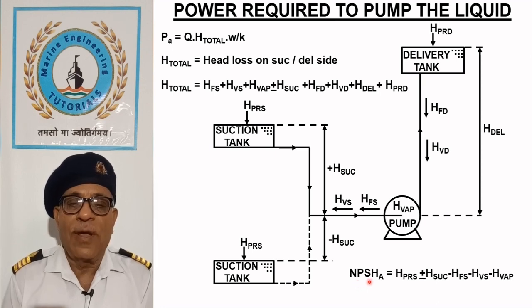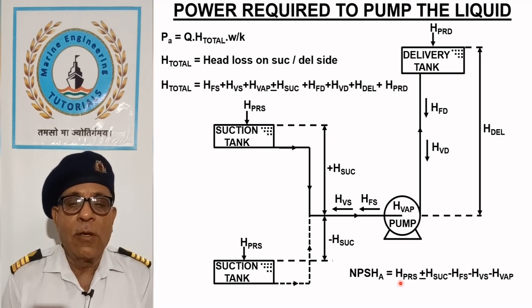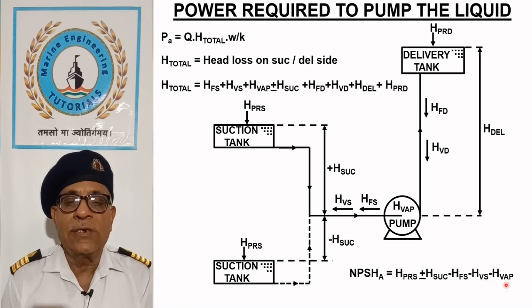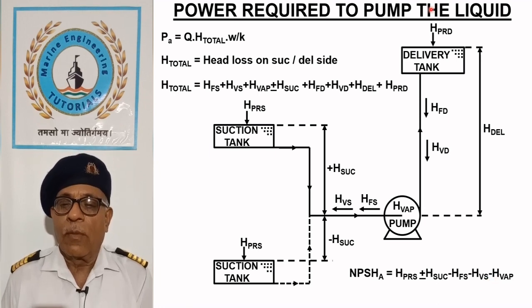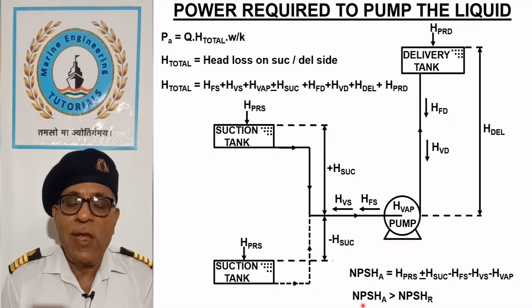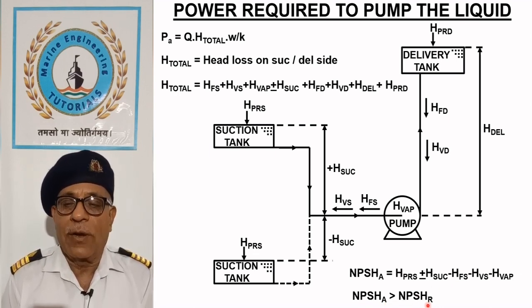Net positive suction head available is equal to HPRS plus minus H suction minus HFS minus HVS minus HVAP. NPSH available should be greater than NPSH required.